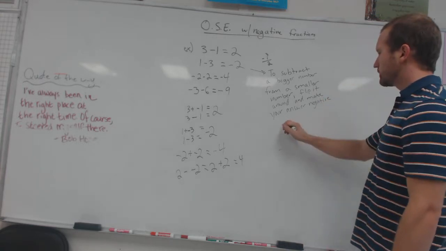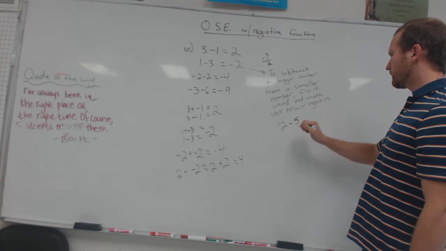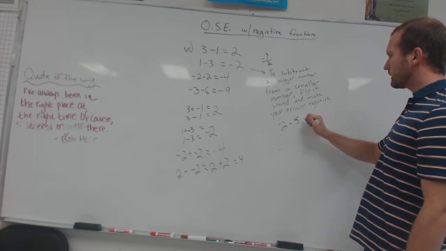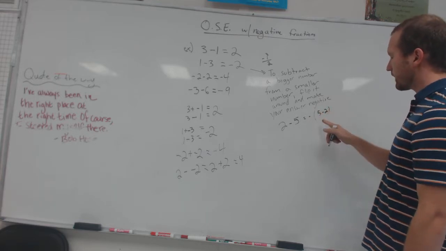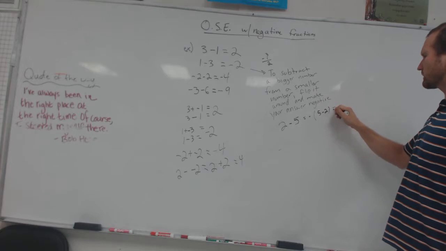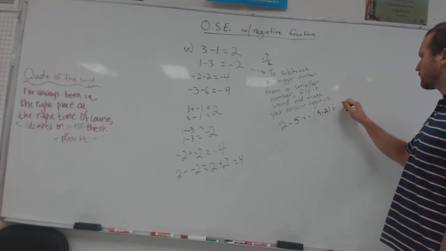So 2 minus 5 is negative of 5 minus 2. Because this is what we're actually saying. 5 minus 2 is 3. So our answer is negative 3.